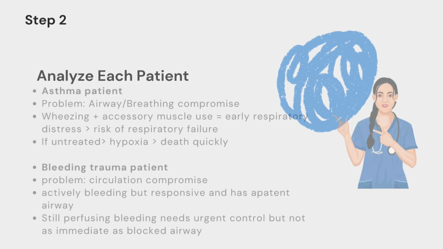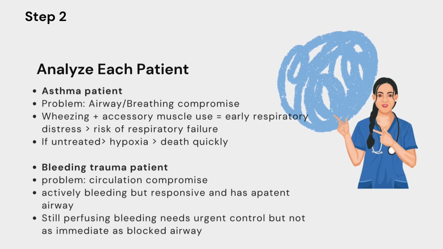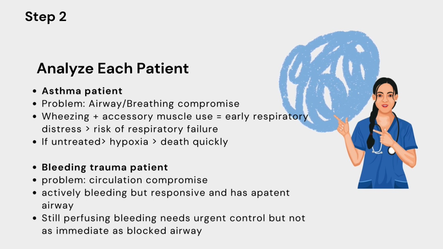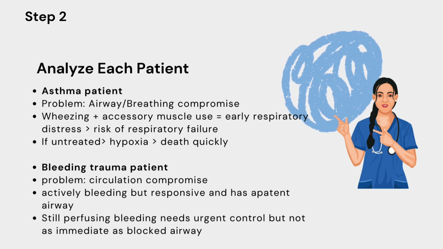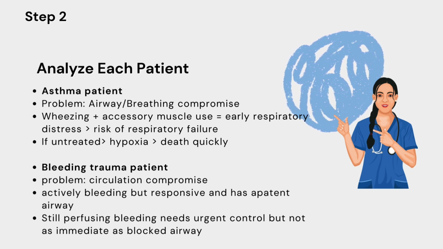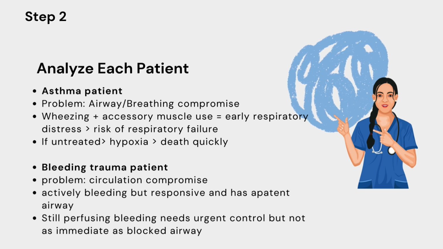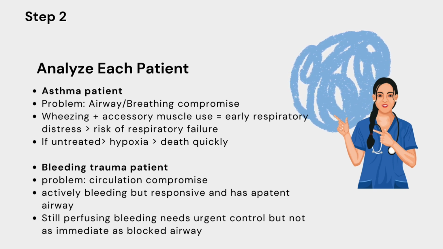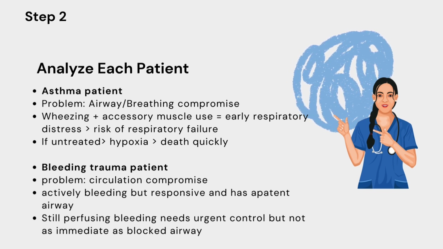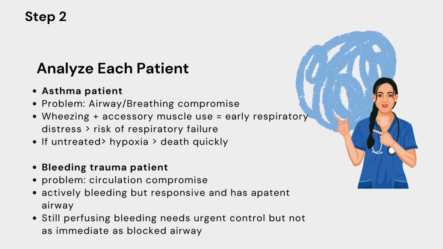So let's go to step 2. We're going to analyze each patient. For the asthma patient, the problem is that this patient has airway or breathing compromise. The wheezing plus the accessory muscle use can lead to respiratory distress, and that can further lead to respiratory failure.